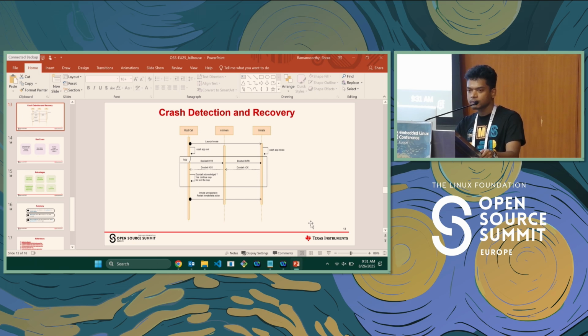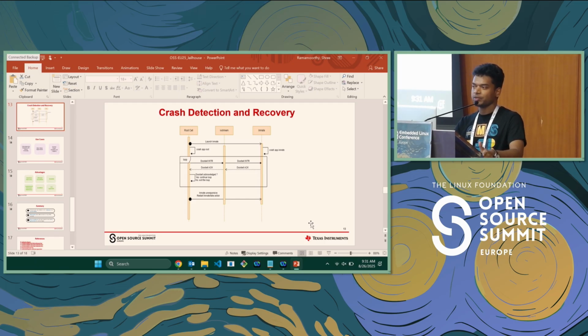I didn't understand what happens if your app crashes. Is it your cell that's going to detect that, and then the root cell relaunches the app? And what if the root cell crashes? Does Jailhouse then detect that and is able to relaunch the root cell? Okay, so I'll just repeat the questions.